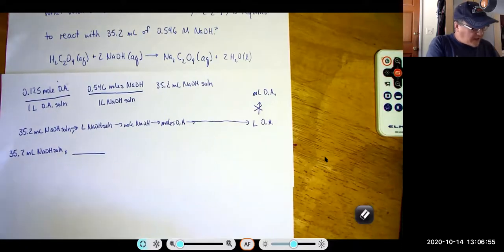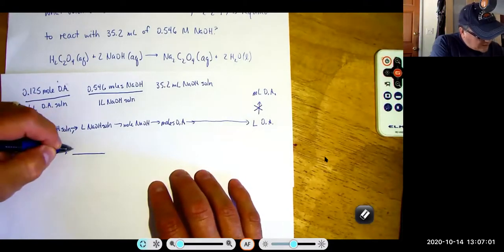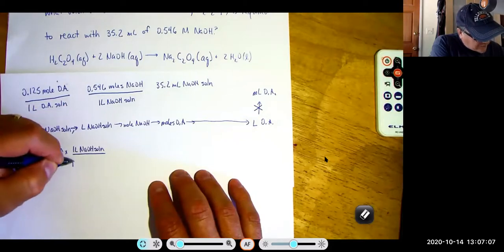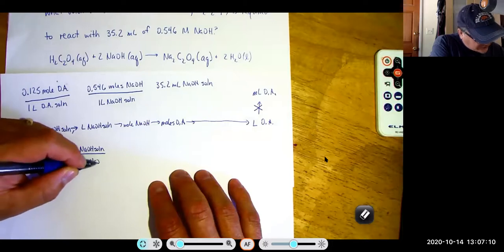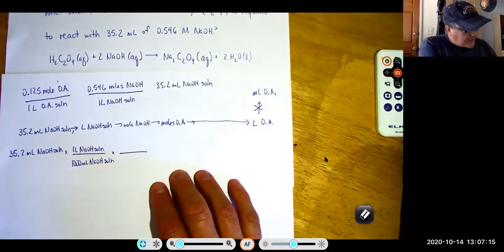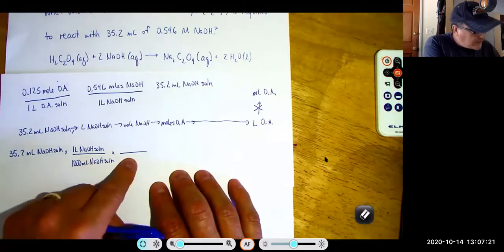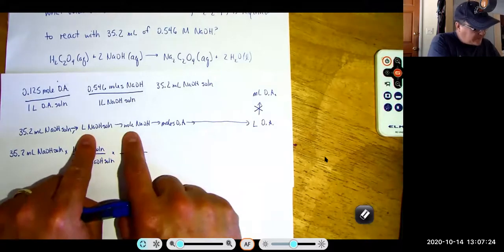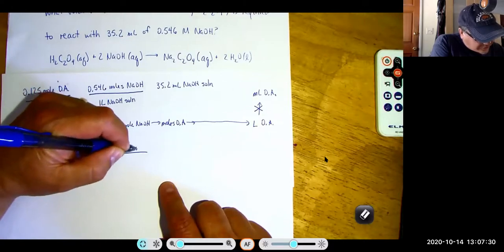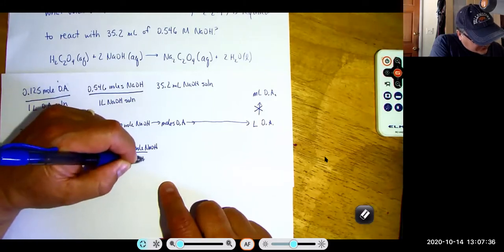So if I follow the pathway more carefully than I did last time, I'm going to write 1 liter of sodium hydroxide solution on top and 1,000 milliliters of sodium hydroxide solution on the bottom. And then I'm going to write, according to the concentration, 0.546 moles of sodium hydroxide per 1 liter of sodium hydroxide solution.